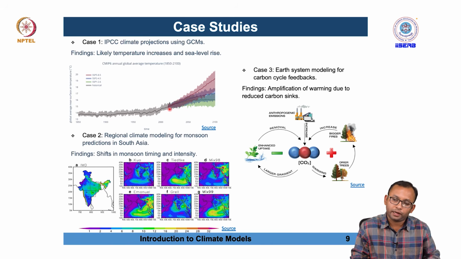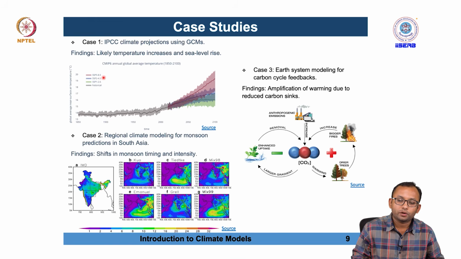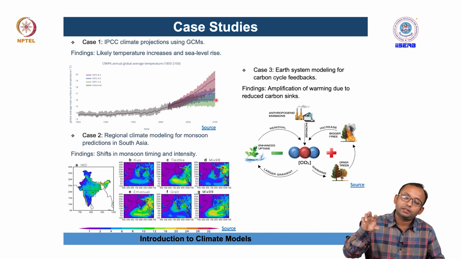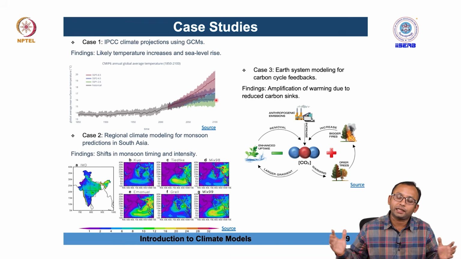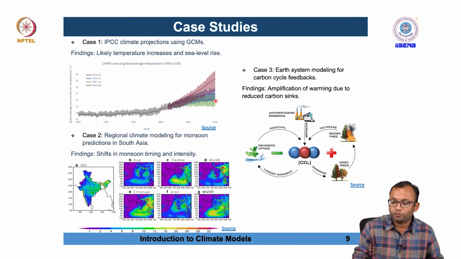Therefore we use scenario-based assessment, the shared socioeconomic pathways: SSP1 2.6, SSP2, SSP5 and so on, and based on these we predict what is likely to happen in future conditions. In all the future scenarios, temperature is likely to increase. In some scenarios the change will be relatively gradual, however in some scenarios the change will be quite fast, and therefore it will drastically change the temperature profile across the whole world.